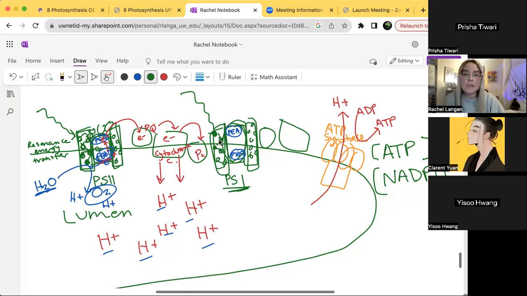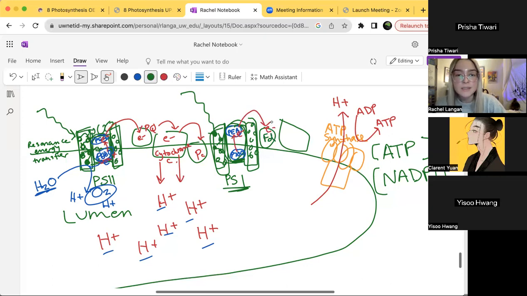You're welcome. Yeah, so light comes in, hits the chlorophyll, they get excited. Eventually, that excitation goes to P700. Then P700, the special pair, don't just get their electrons excited, but they actually send an electron to the primary electron acceptor. The primary electron acceptor sends electrons to ferredoxin.